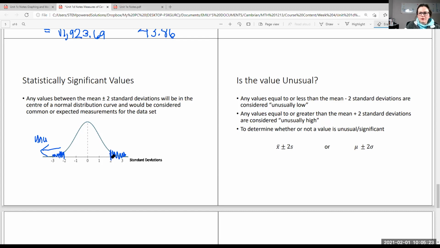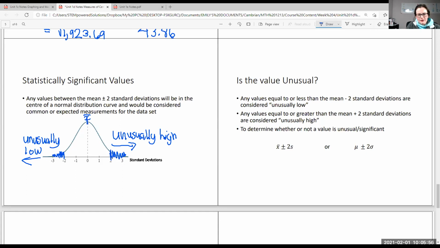We're talking about what's usual and what's unusual. Unusually low. Whoops, that doesn't look too legible. Here, give me a second here. Okay, so this is unusually low on this side of the data curve, and on this side is unusually high. So if we're greater than 2 standard deviations from the middle, so this is our mean, this is X bar.